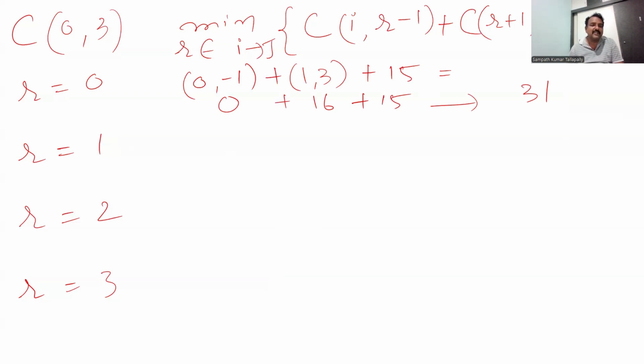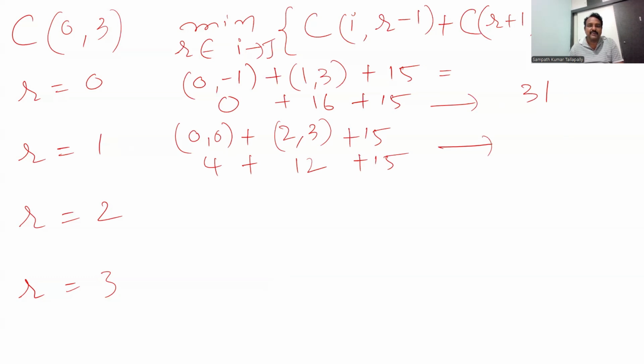Now we'll see the value if R is equal to 1. If R is equal to 1, this is (0,0) plus (2,3). So (0,0) is equal to 4, plus (2,3) is equal to 12, plus 15. This is going to give you 31 again.